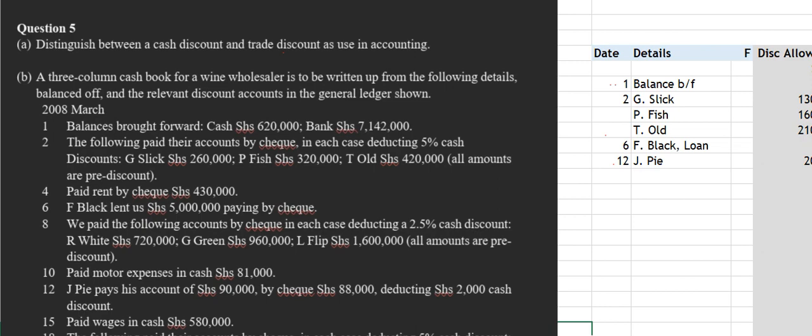Then next, paid wages in cash, 580,000. This is a payment, so credit your cash book. This is on 15th.